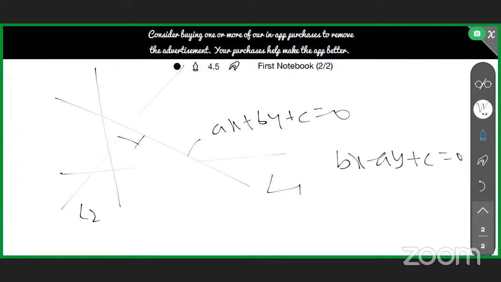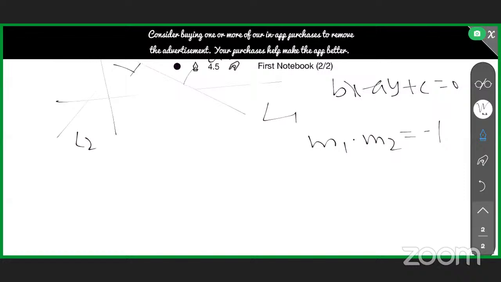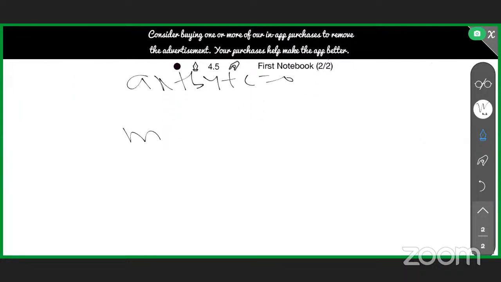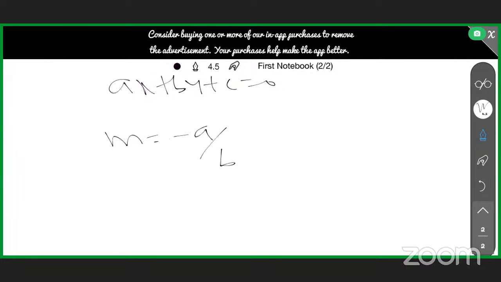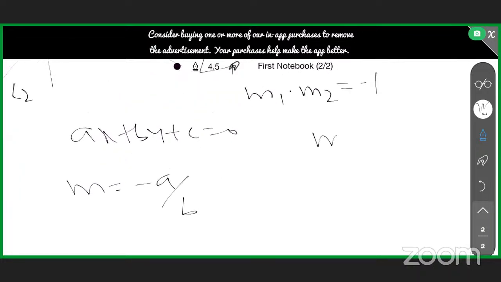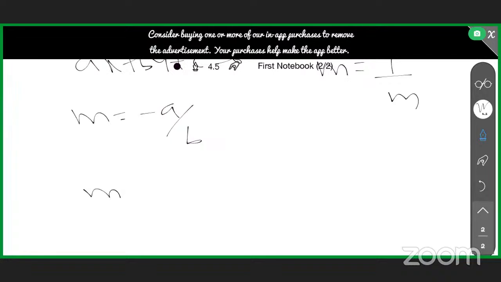Because we know that the slope of perpendicular lines, M1 into M2, is equal to minus 1. For ax plus by plus c is equal to 0, the slope is given by m is equal to minus a by b. If m is my slope, the slope of the second line will become minus 1 by m, that is b by a.